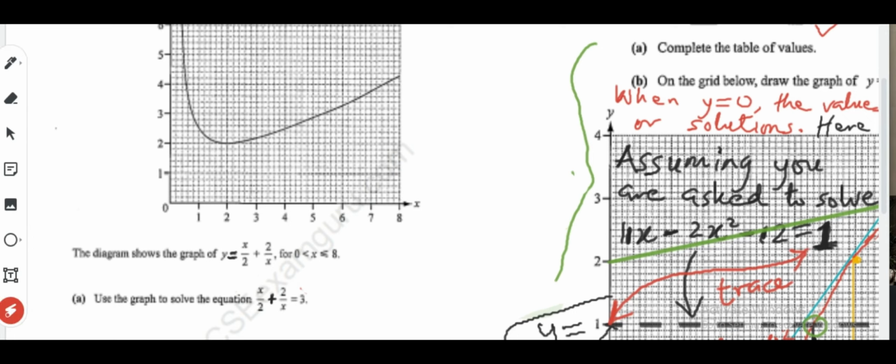So the diagram shows the graph of y equal to x over 2 plus 2 over x for 0 less than or equal to x less than or equal to 8. Use the graph to solve the equation x over 2 plus 2 over x equals 3. So what do we do?